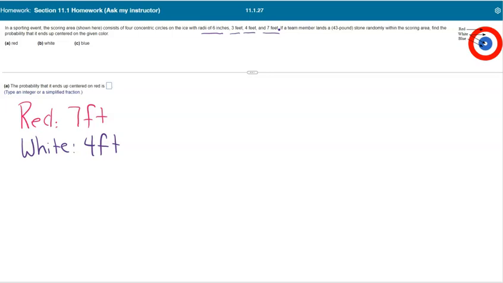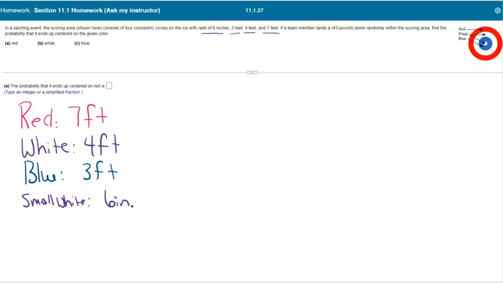That's the red one. Again, the white one I couldn't do in white, so I just made it purple. That's 4 feet. How about the blue one? The blue is the next size down, and it has a radius of 3 feet. And then we have a small white one in the middle, and it has a radius of 6 inches.